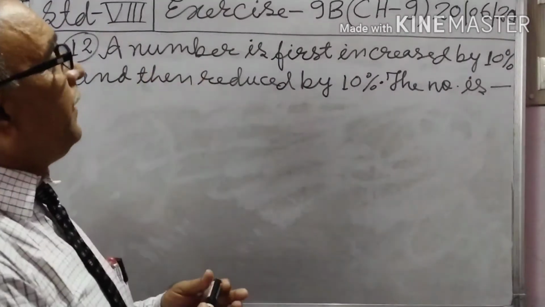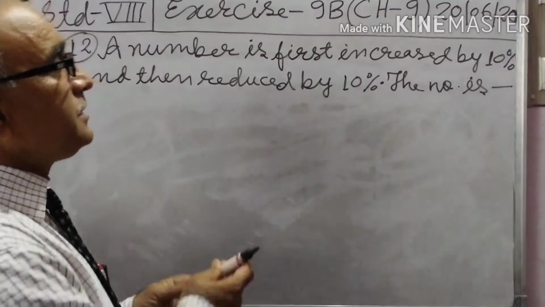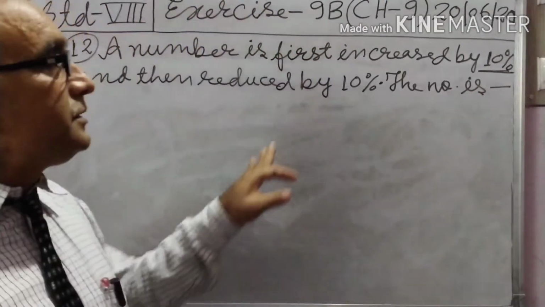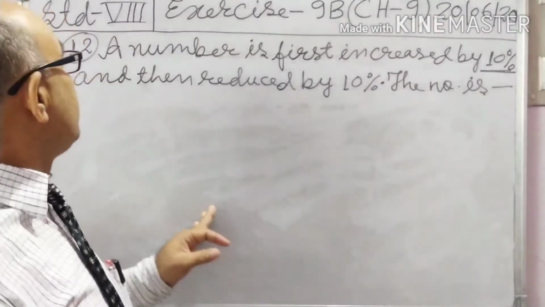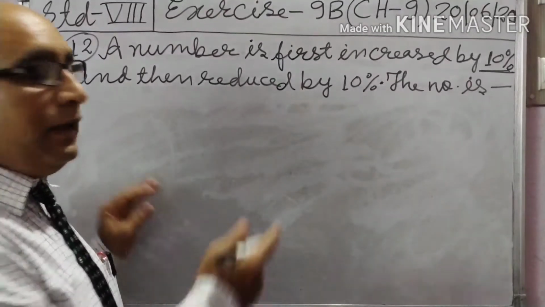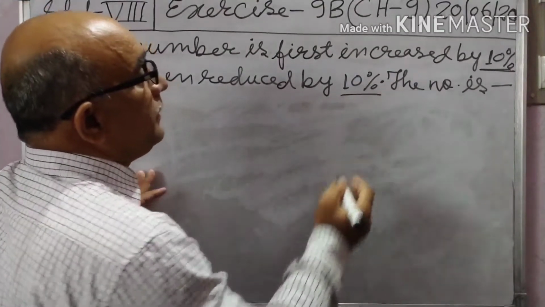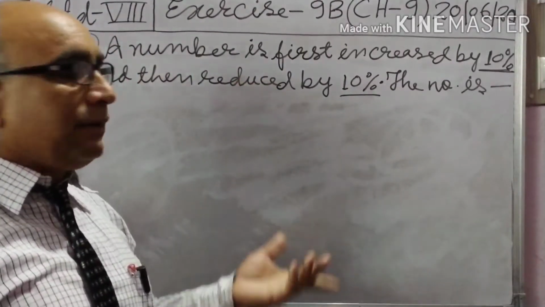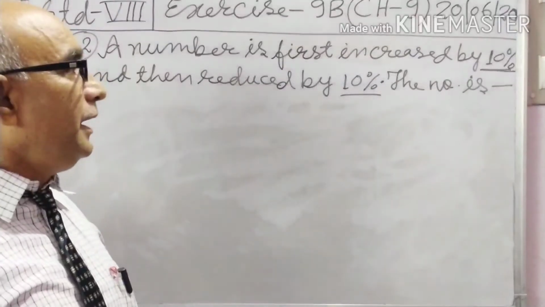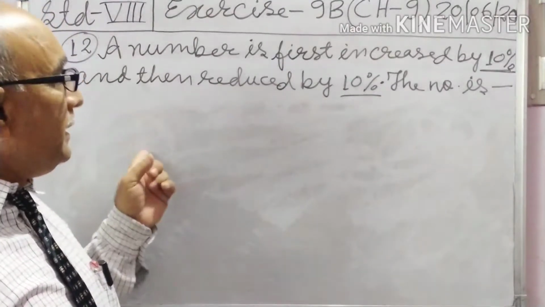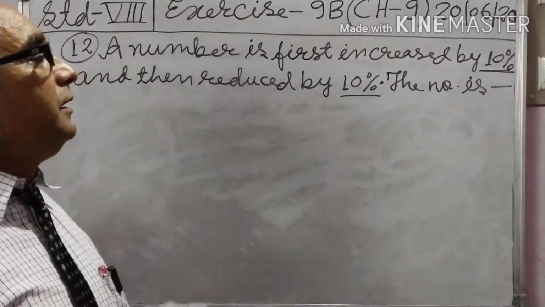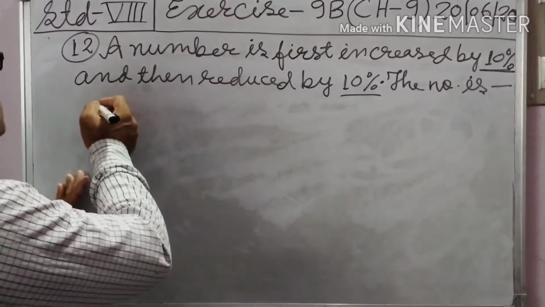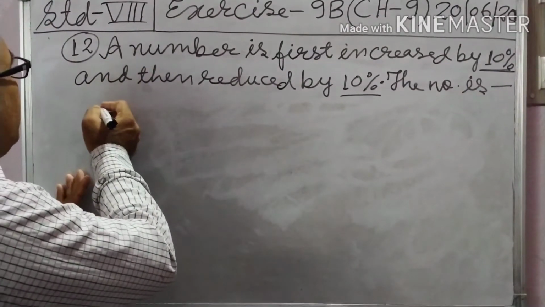A number is first increased by 10% and then reduced by 10%. The number is... This type of question is solved with the help of this method.